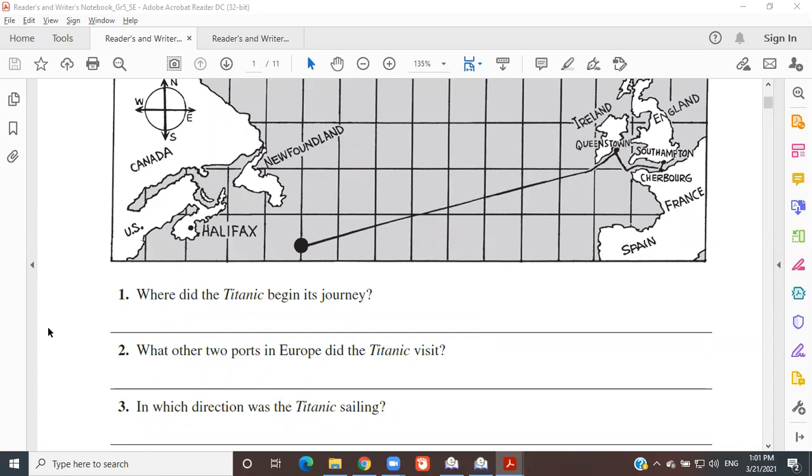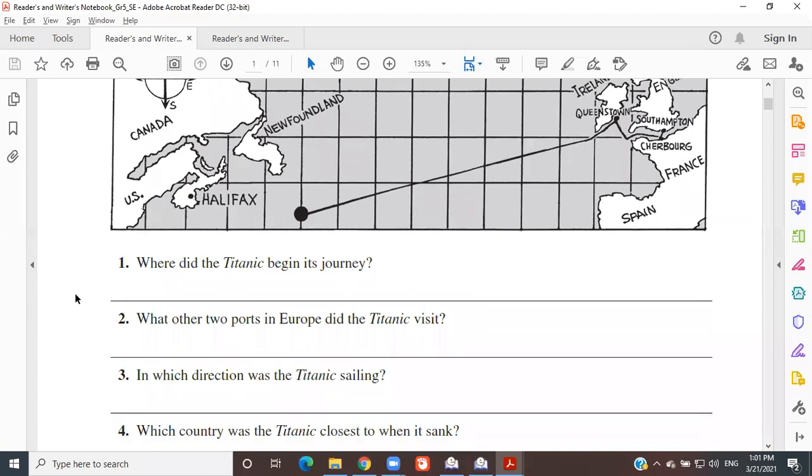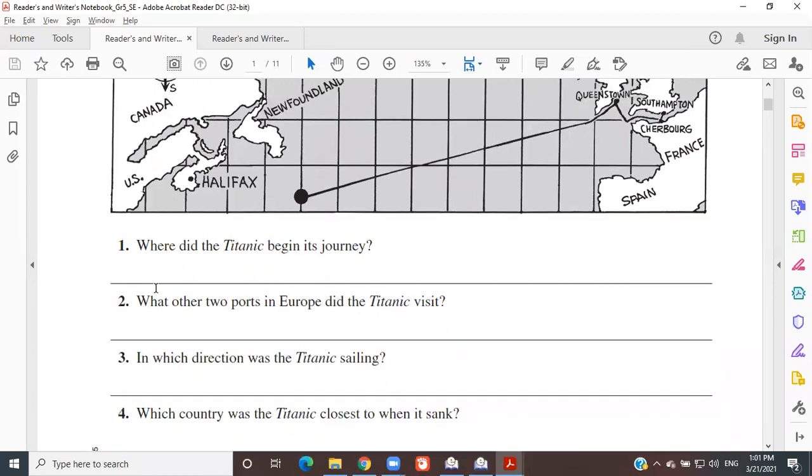Yes, to the US. And here, which direction? North, south, east, or west? South, the US is in the south. No, the US is in the southwest. You can say southwest or you can simply say the west. Amazing.